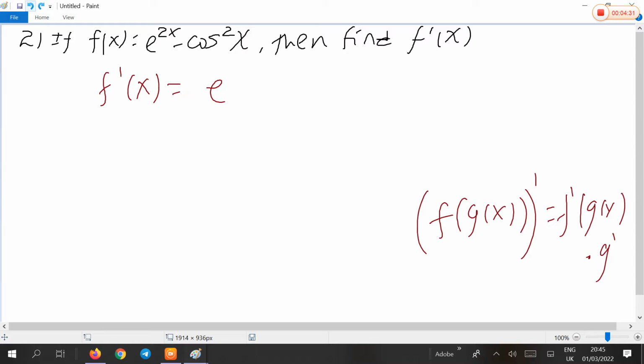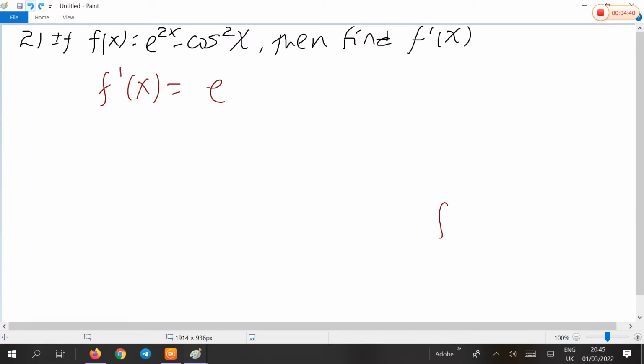If the function is in the form of a composition of two functions, we can find the derivative just like this. The derivative of e to the power of 2x will be e to the power of 2x, since the derivative of e to the power of x is e to the power of x, times the derivative of 2x, which is 2.